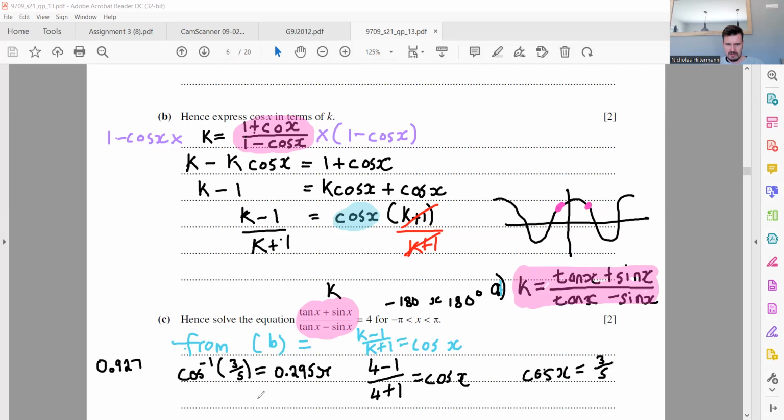That's 0.295 pi or negative 0.295 pi. Or you could just say plus or minus 0.927. These are the same thing, right? It's just that with this one I'm using pi, and with the other I'm using the actual number for pi and then rounding. Okay, so that is question C.